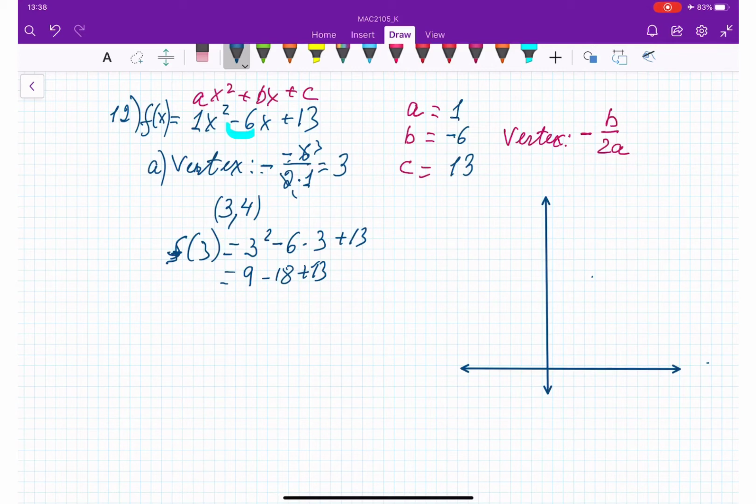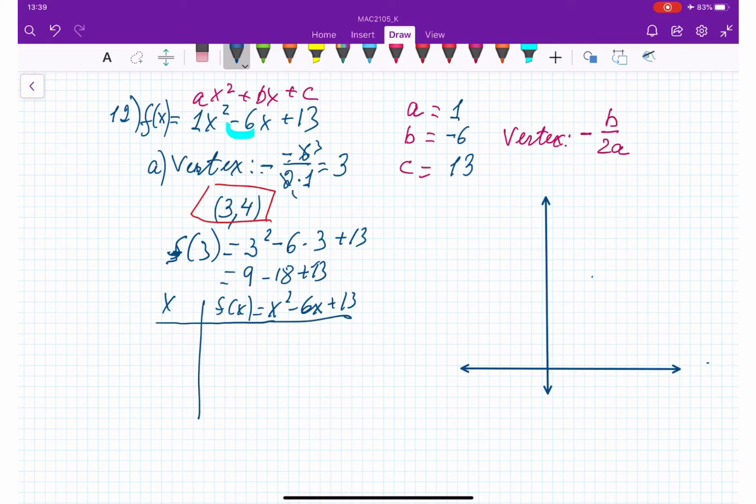Okay. Now we need to draw our graph. How am I going to go? This is the vertex, so we would have it. To draw the graph, I'm going to take a couple of points. This is x, this is f of x equals x squared minus 6x plus 13.